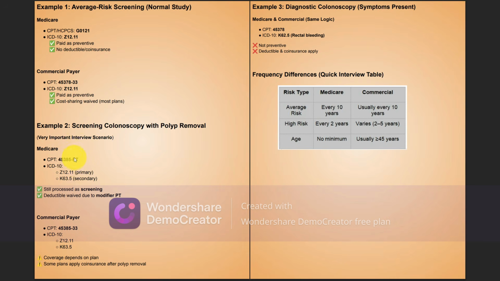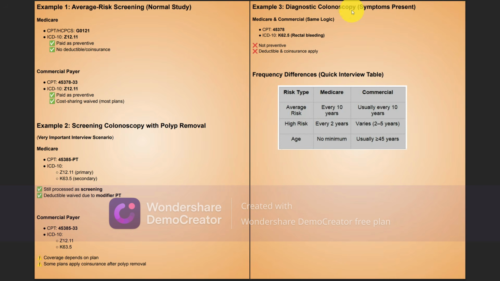Medicare: 45385 with modifier PT; the diagnosis is Z12.11 primary, K63.5 secondary. It is still processed as a screening, and deductibles are waived due to the PT modifier. Commercial payer: CPT code 45385 with 33, ICD Z12.11 or K63.5. Coverage depends upon the plan; some plans apply coinsurance after the polyp removal.